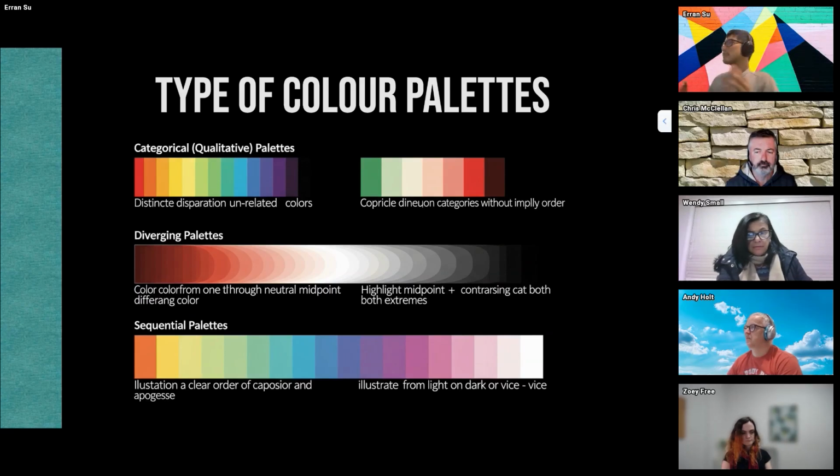If we're doing data visualization, we should be fairly familiar with all these different types of color palettes. For diverging, temperature is a very good example. We have 0 degrees, and then you've got north or south of that. So that would be a very good case to use divergent palettes.